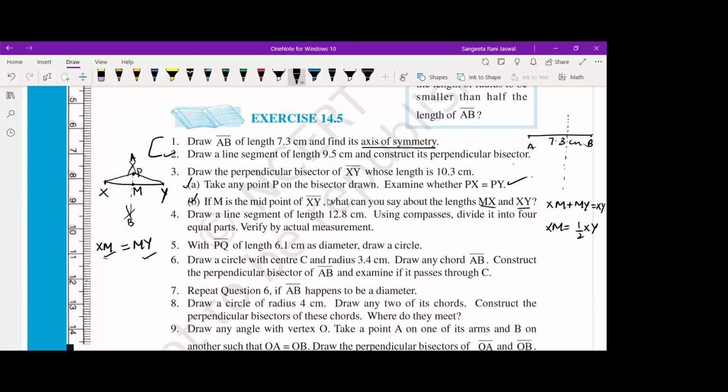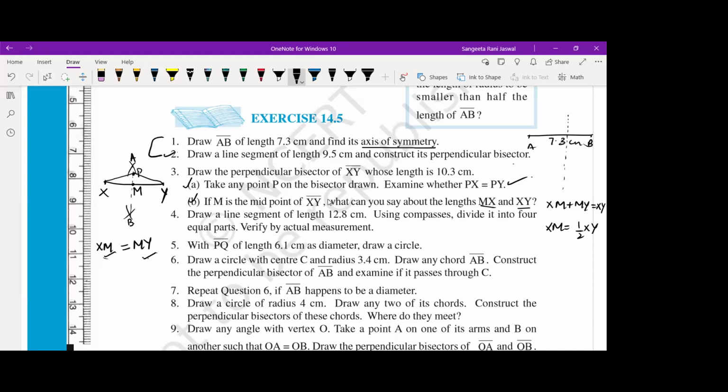So now you can write down its steps. The first step was to construct a line segment XY of 10.3 centimeters, then make a perpendicular bisector on it. Since you have lots of things to write, when you have many things to show in steps of construction, shorten your steps. No need to say adjust your compass to more than half and take an arc above and below the line.